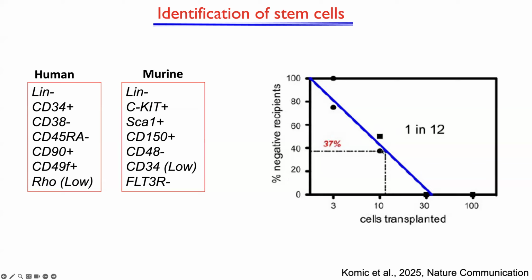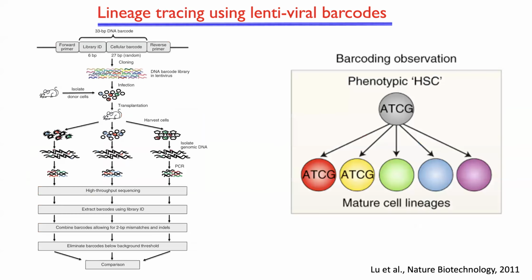But this is a difficult experiment involving many mice. So recently, well, not recently, more than a decade or so, Lu et al. developed a new method called barcoding technology. So the lentiviruses are used to deliver DNA barcodes into cells, such that each cell receives only one barcode.